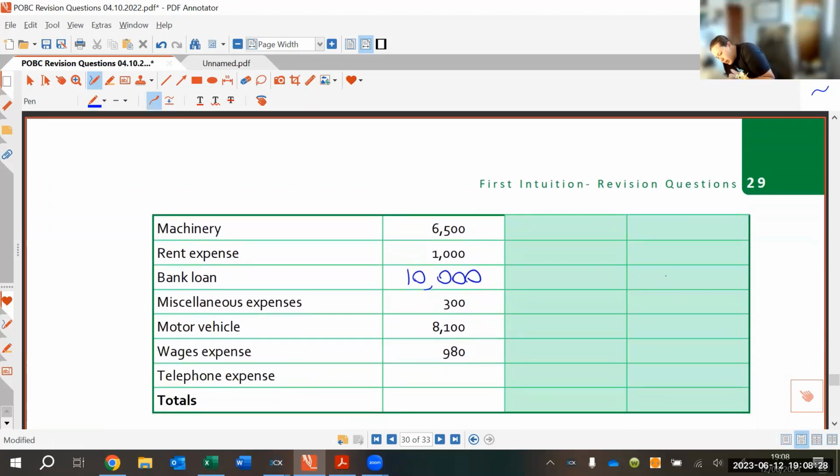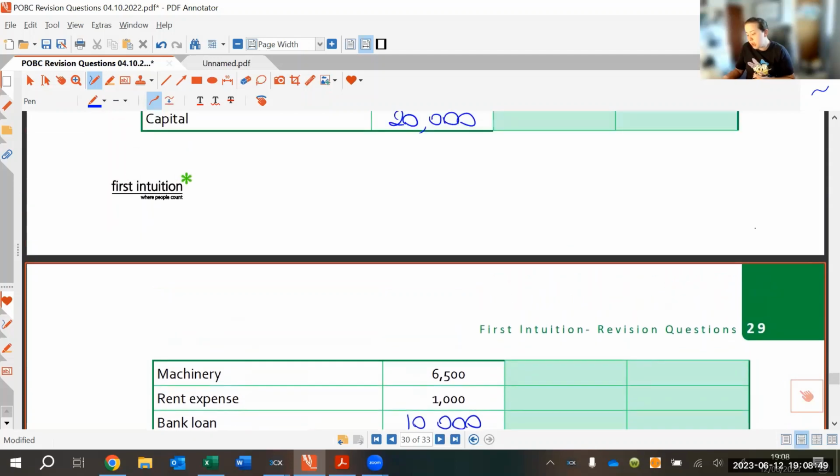And then our telephone expense was 700. You don't need to total, you don't need to put anything in there. It's not required. So now it's a case of going through the trial balance and basically saying, all the amounts, are they going to go in a debit column or the credit column? So we'll start at the top.